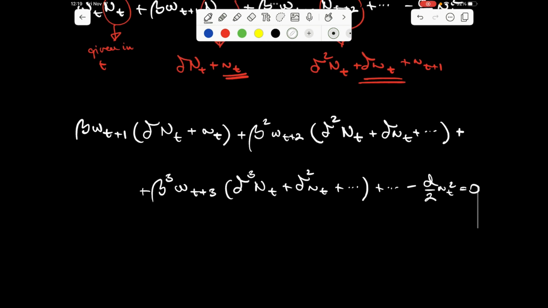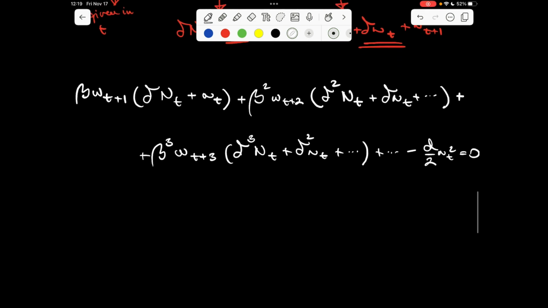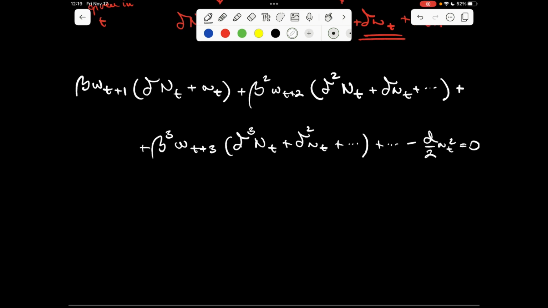Okay, and now we are differentiating this function with respect to the decision variable. Please remember, please note, we are interested in finding the first order condition for the decision in period t, and this is what we have.